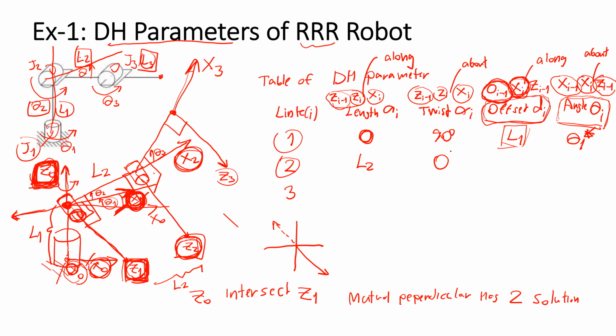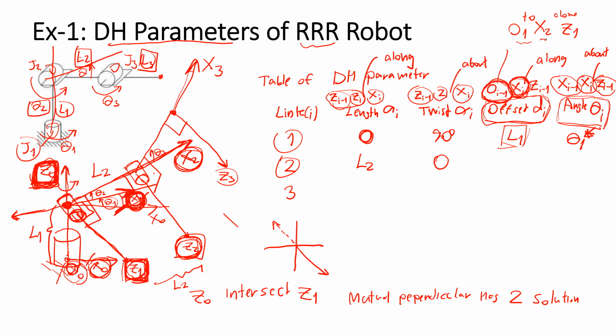The offset of link 2 is the distance measured from O1 to X2 along Z1. The distance from O1, this point, to X2: O1 is on X2.